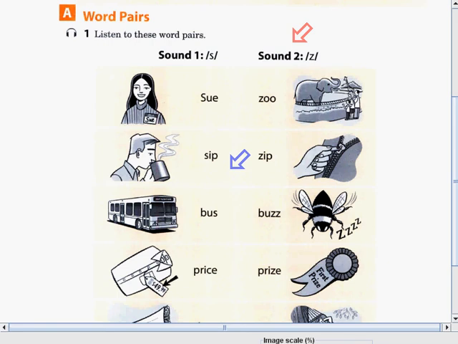This problem is made even bigger by the fact that we have a huge number of words that are spelled with an S but pronounced with a Z. The highly frequent words are the following: is, his, as, please, because, these, those, and many, many more are pronounced with a Z sound.